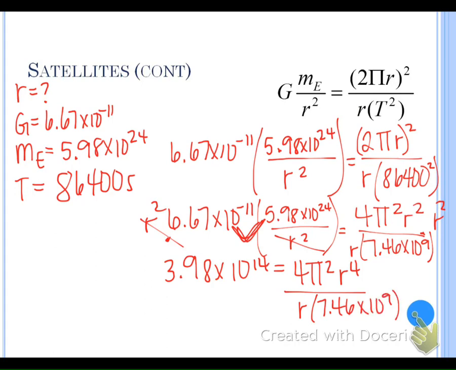Now I can cancel one of my r's, and I'm going to make this r to the third. And I need to multiply this up to get it into the numerator. So I'm going to take 3.98 times 10 to the 14th times 7.46 times 10 to the 9th. And that gives me 2.98 times 10 to the 24th equals 4 pi squared r cubed.